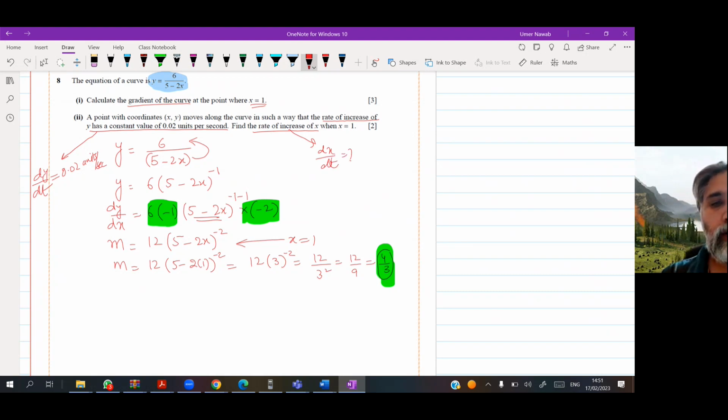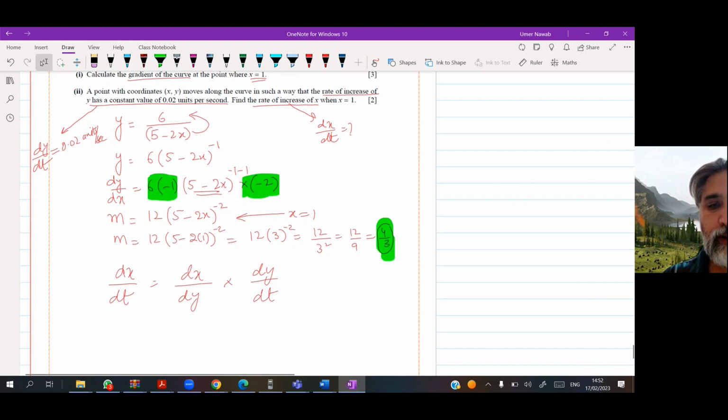So if I want dx over dt, that should be equal to dx over dy times dy over dt. Guys, dy over dx we have found, which came to 4 over 3.